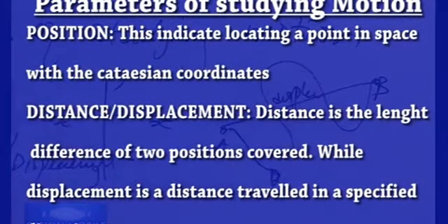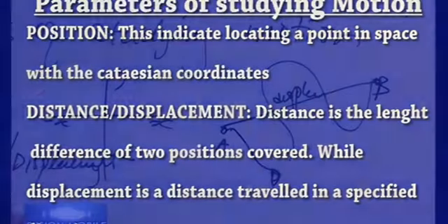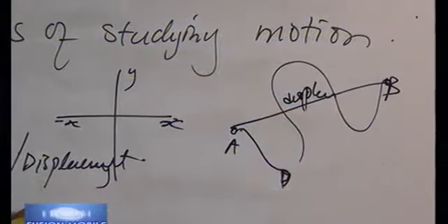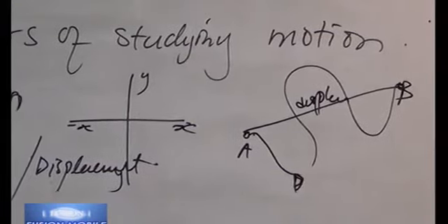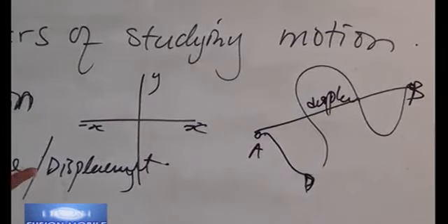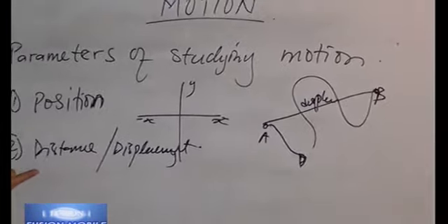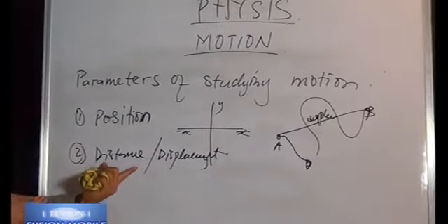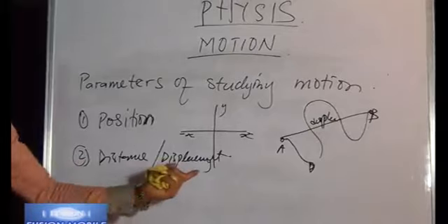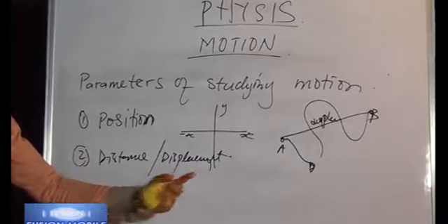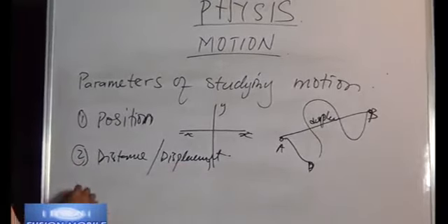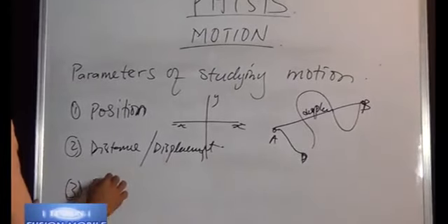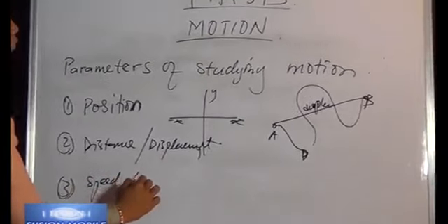So we'll say that displacement is distance traveled in a specified direction, while distance is just the length difference through the path of the motion. Distance has no direction. Displacement has a direction. So distance is a scalar quantity, while displacement is a vector quantity. We come down to the third one, which is speed and velocity.